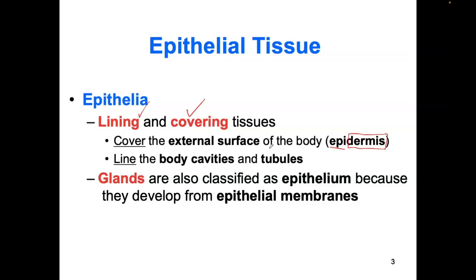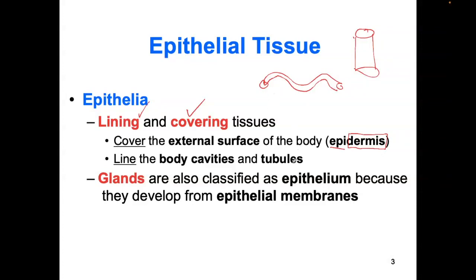Okay. The tubules, when you look at the word tubules, we see the word tube. And a tube really is just like this. So anything that looks like this, whether it's blood vessels, an esophagus, a trachea, or tubules within the kidney, like proximal and distal convoluted tubules.